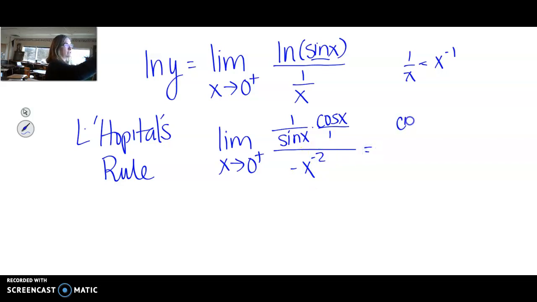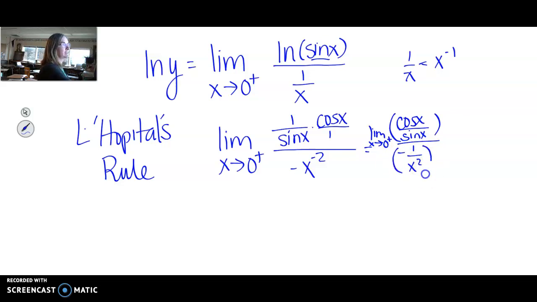And so I'm finding the limit of this as x goes to 0 from the right. Cosine over sine, that is cotangent, if you remember. And then this is going to be negative 1 over x squared. Now if I try to find the limit, cosine of 0 is 1, over sine of 0, which is 0.